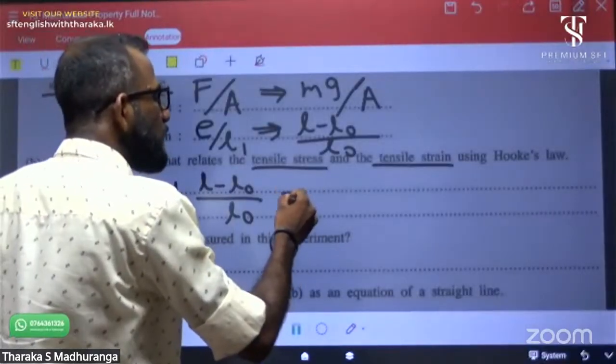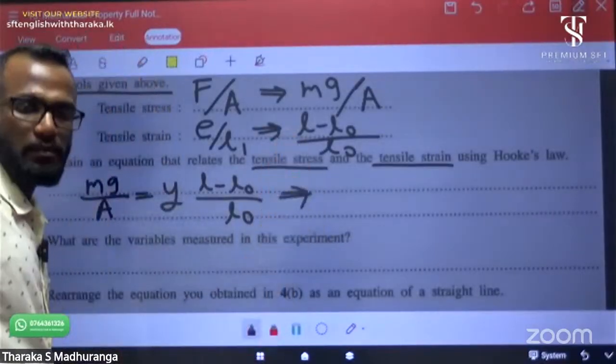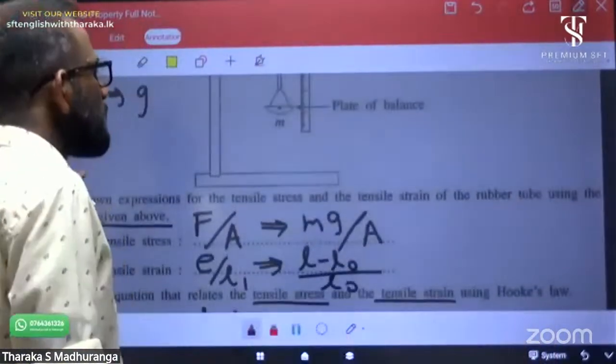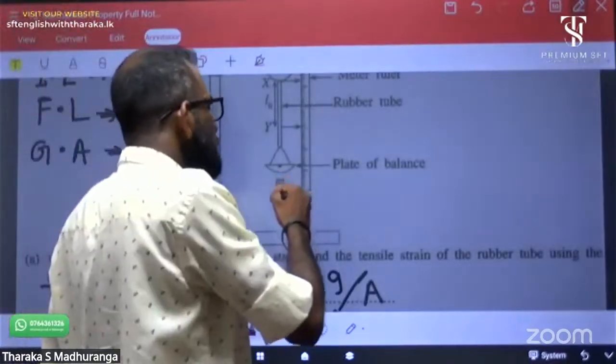Okay, what are the changing factors in the above experiment? Actually, the mass is increasing, right?